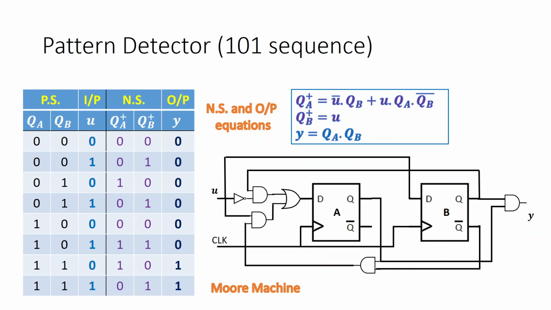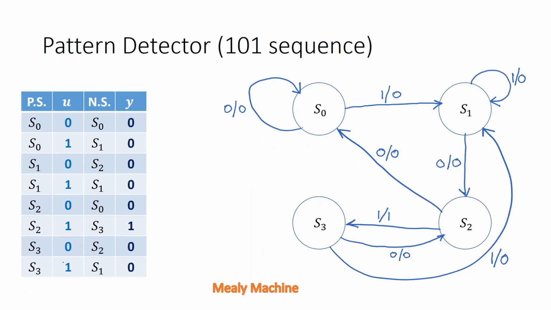Moore machine, why? We have drawn up the state table in such a way that the output comes only with respect to a particular state. However, this same problem can be designed in terms of a Mealy machine also. How would it be? See the Mealy machine.